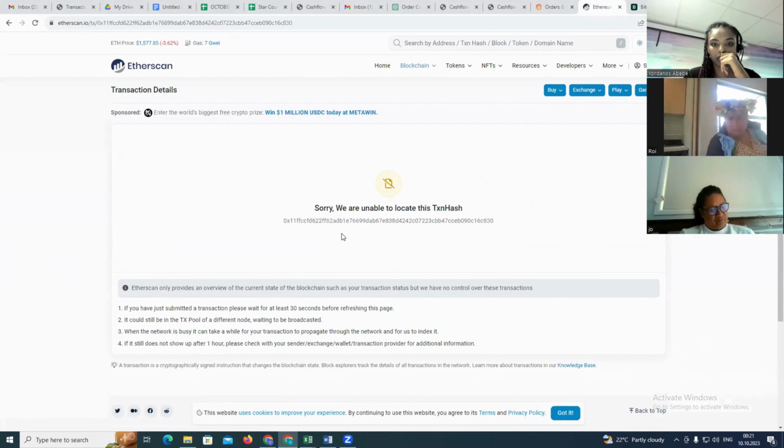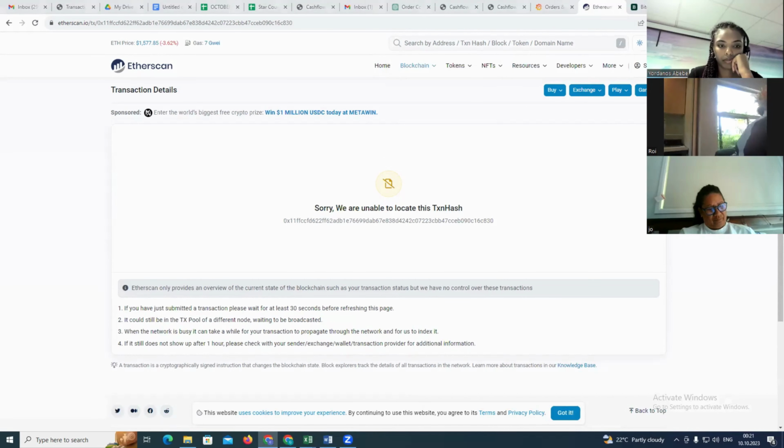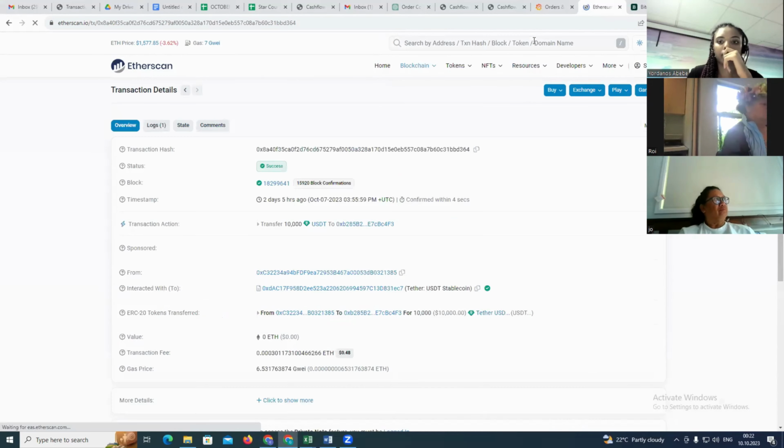You see, sorry, unable to locate this transaction hash. So the blockchain will not recognize it. Only a transaction that starts with 0x occurs on the Ethereum chain, so you have to paste a transaction that starts with 0x.